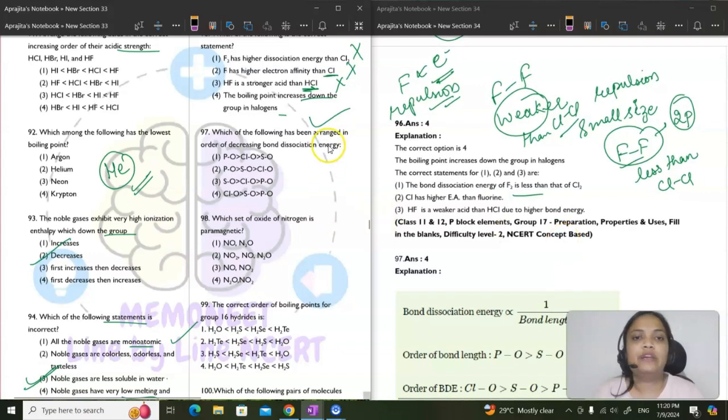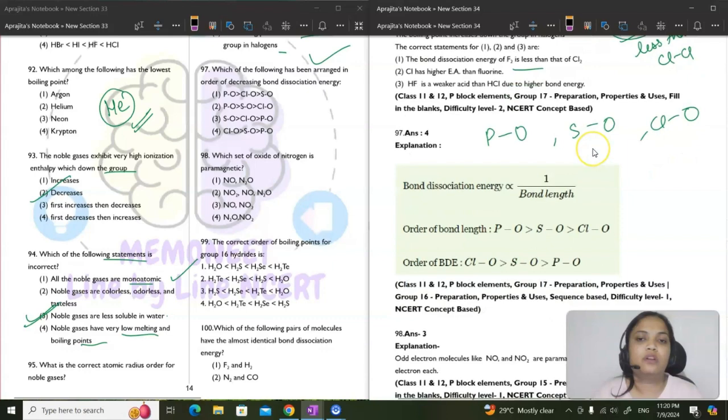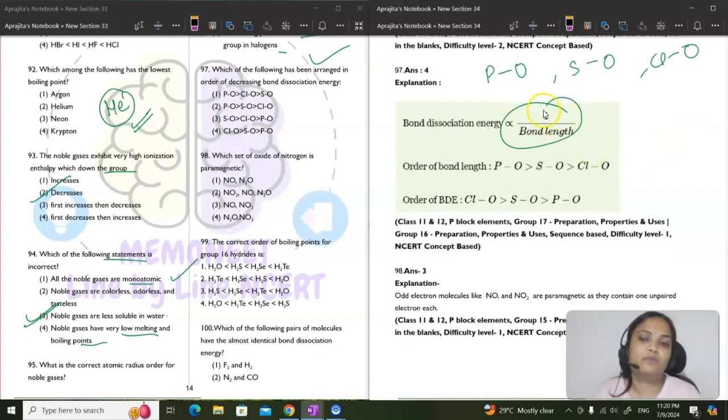Which of the following has been arranged in order of decreasing bond dissociation energy? We are talking about the bond dissociation energy of phosphorus and oxygen, sulfur and oxygen, and chlorine and oxygen. So you know, students, that the bond dissociation energy is inversely proportional to bond length. It means the lesser the bond length, the more the bond dissociation energy.